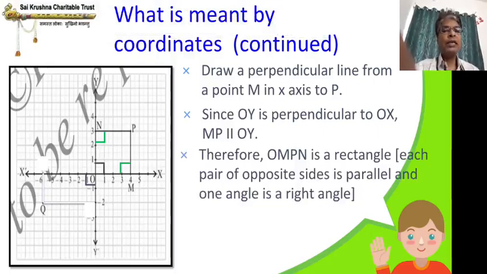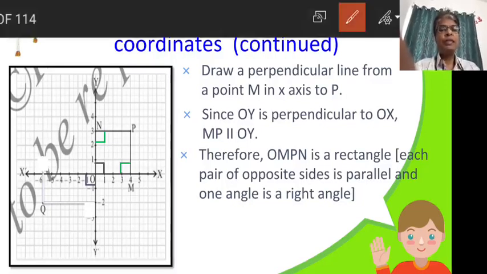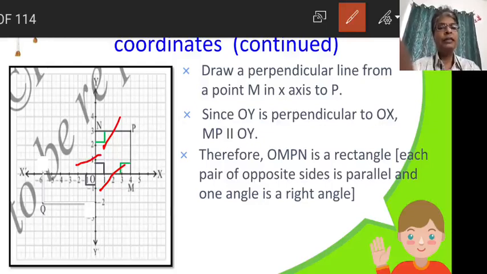Each pair of opposite sides is parallel and one angle is a right angle. So let me see now, again I will put these things. NP is parallel to OM. This is what we saw on the last page. On this page we have seen ON, that is OY, parallel to MP. I will just change the color. These two are parallel.